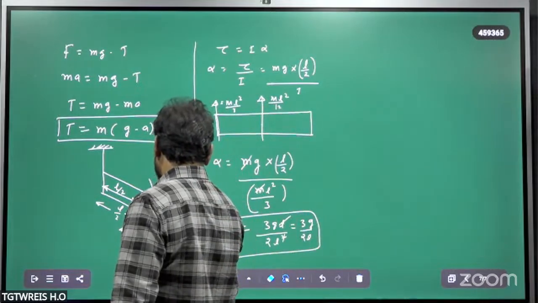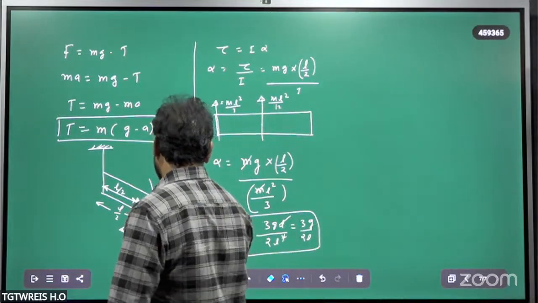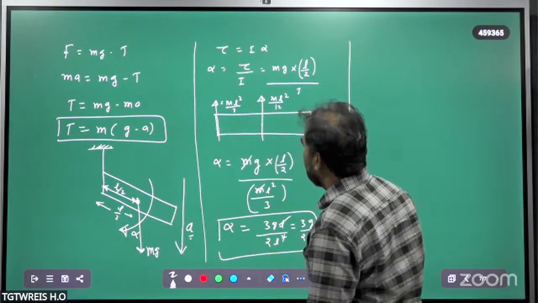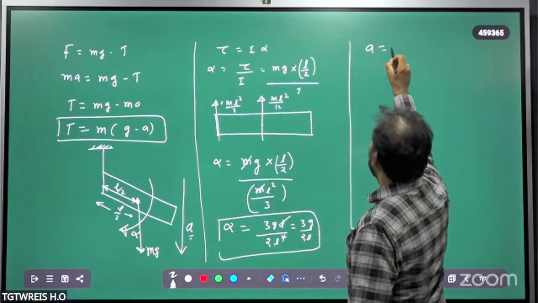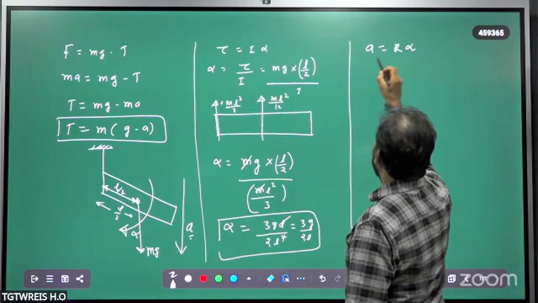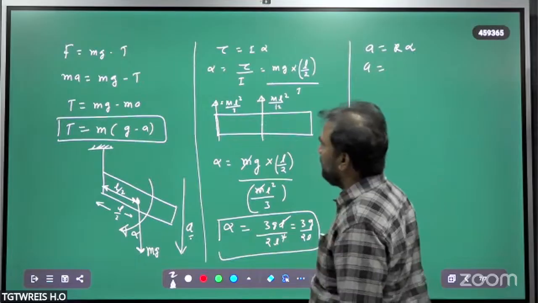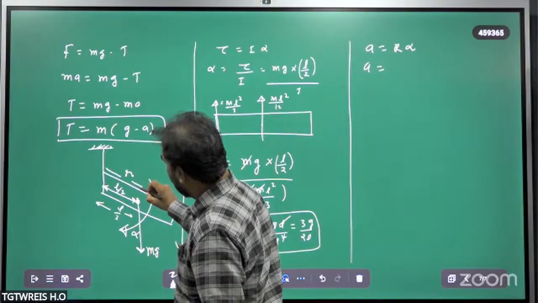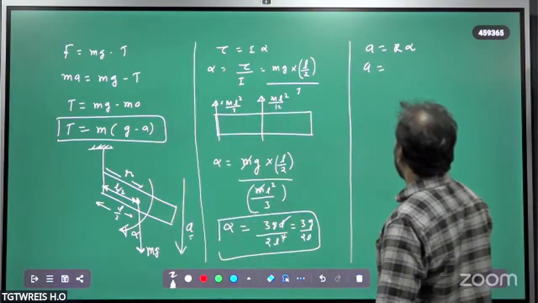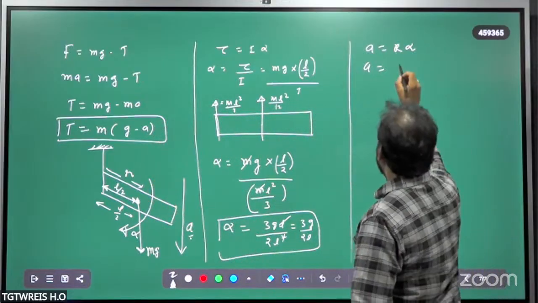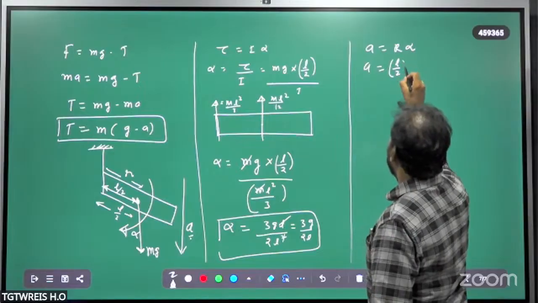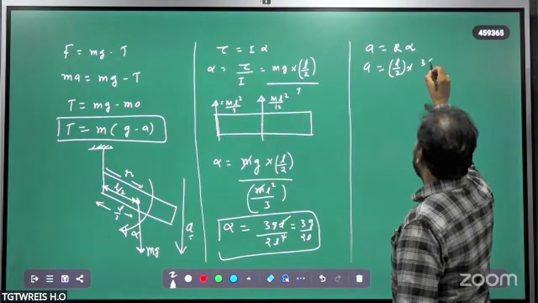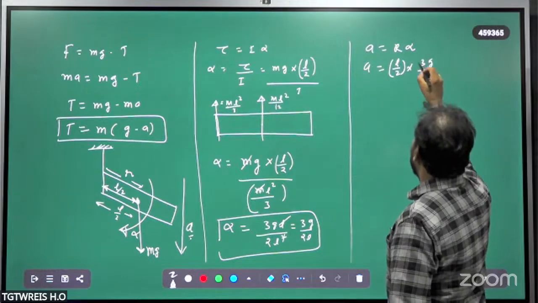About the fixed point, it is coming with a linear acceleration or tangential acceleration a. The value of a is also already known. a is equal to r alpha. What is the value of r? r means the distance of the point of contact from the center of mass. r is L by 2, into the value of alpha, which is 3g upon 2L.